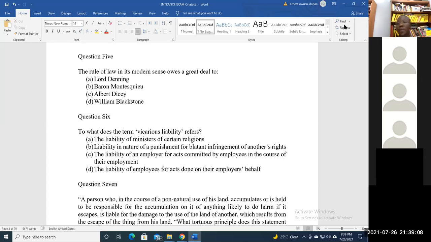So first of all, we need to understand the concept, and then some of you have also included the tests for how we are able to establish whether the proper relationship exists for invocation of vicarious liability. So someone has committed the tort, and the person who has committed the tort is called the tortfeasor. Now the tortfeasor is not going to be held liable personally for the tort that he or she has committed.